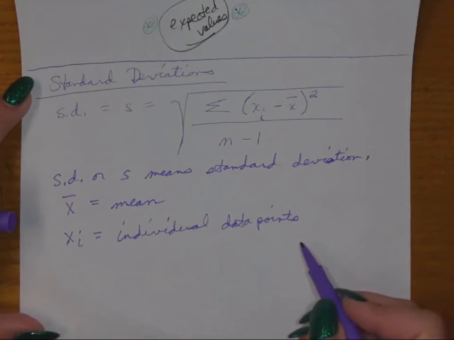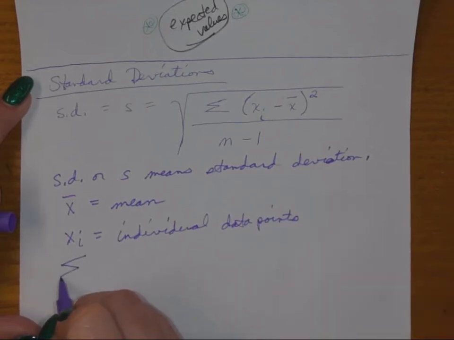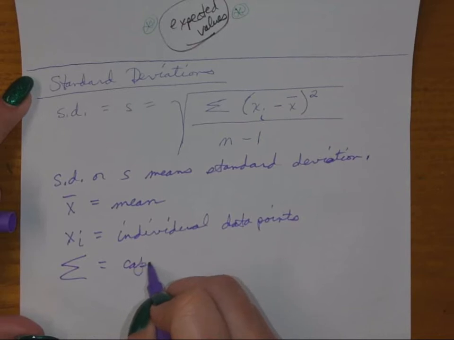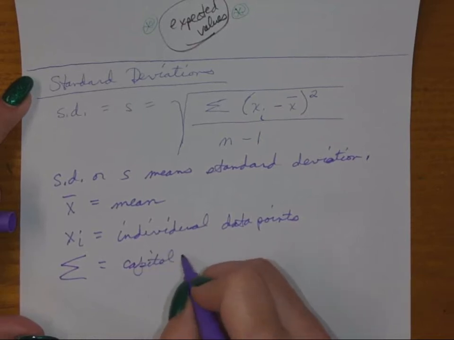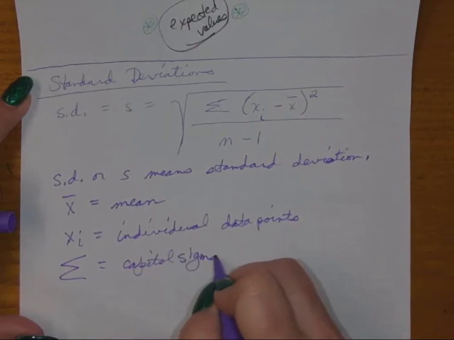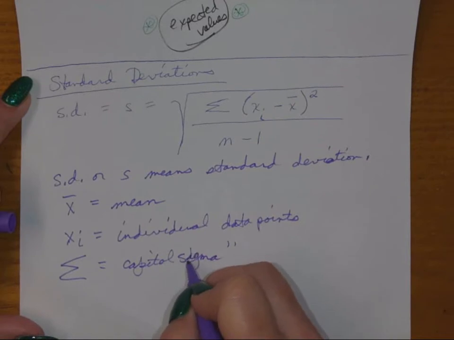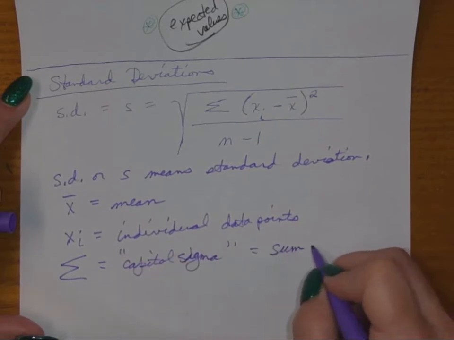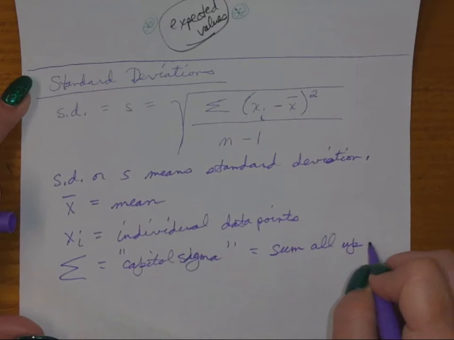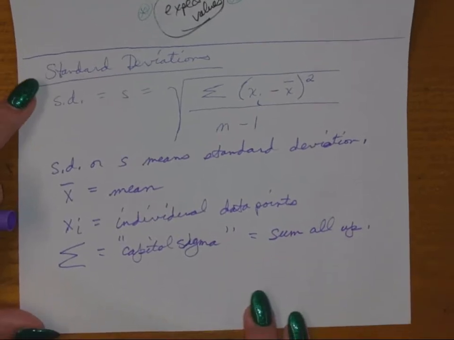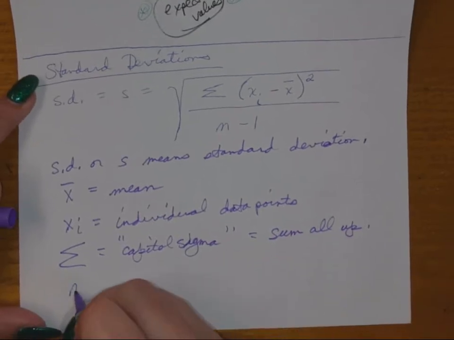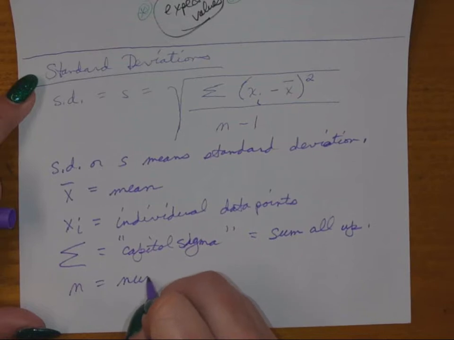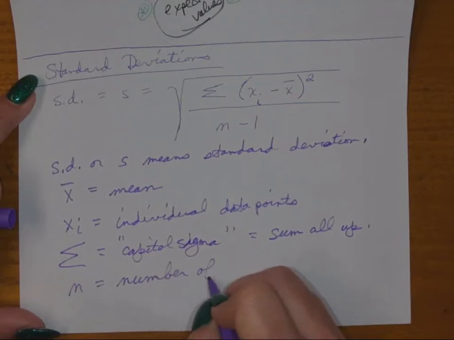All right. This capital sigma, that guy, Greek letter, in math, it means sum them all up. And last but not least is n, which stands for the number of data points.